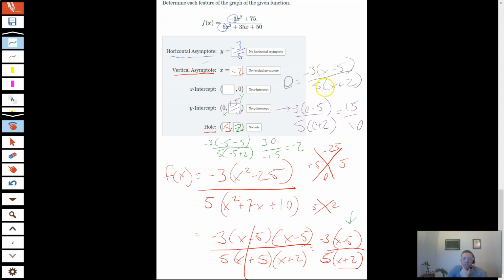So the denominator times 0 is still 0. So that becomes 0 equals negative 3 times x minus 5. And notice 5 minus 5 is 0, so that is the x that's going to make this equal to 0. You could continue to solve it as a two-step equation if you want, but I think a lot of us are at that point where I can say, obviously 5 is my x-intercept.